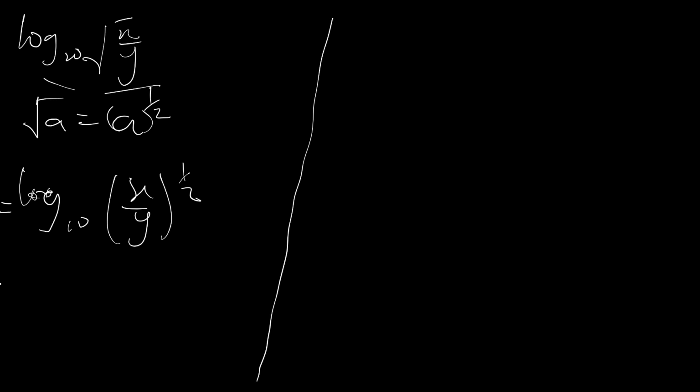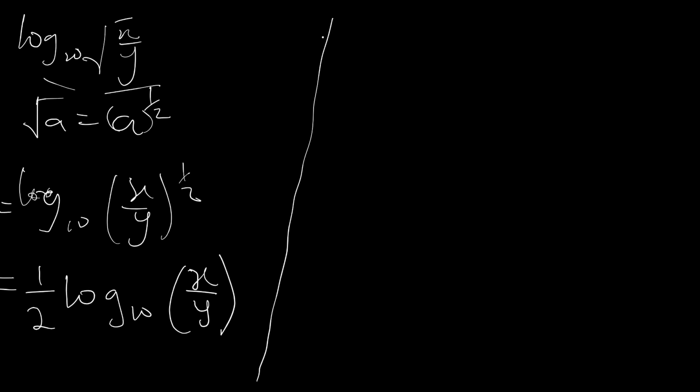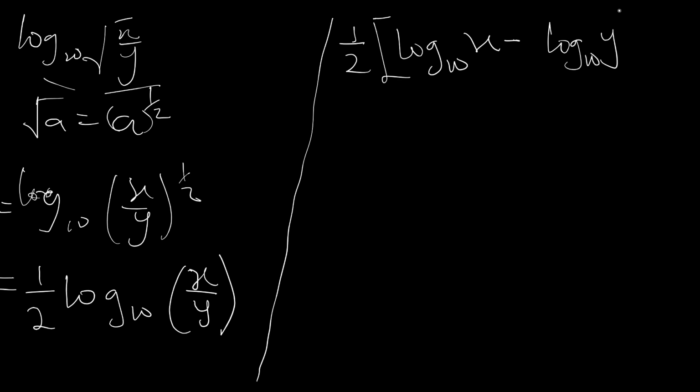Now we can rewrite this as 1 over 2 log to the base 10 of x over y. Now in logarithm, when two numbers are dividing, we subtract. So we can rewrite this whole thing as 1 over 2 multiplying log to the base 10 of x minus log to the base 10 of y.